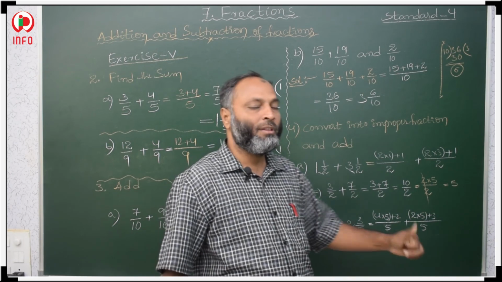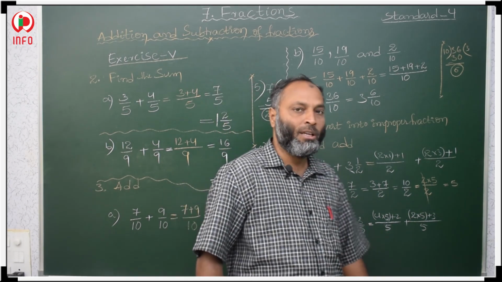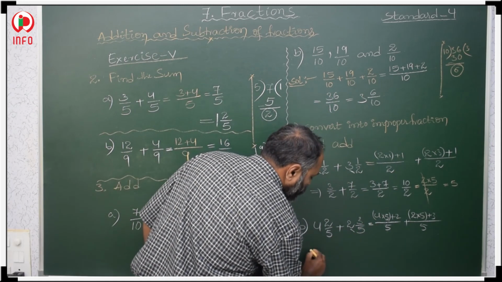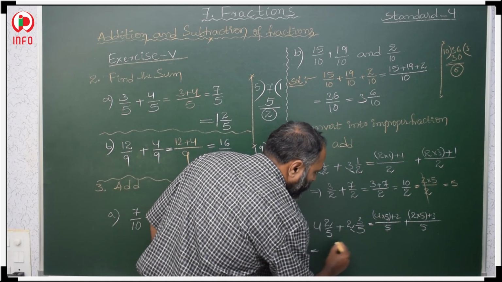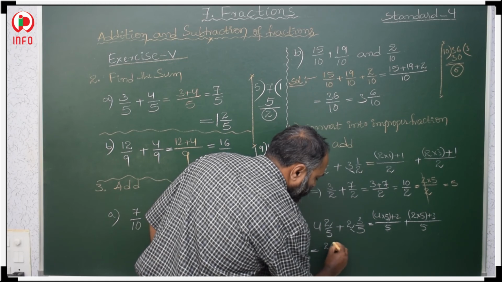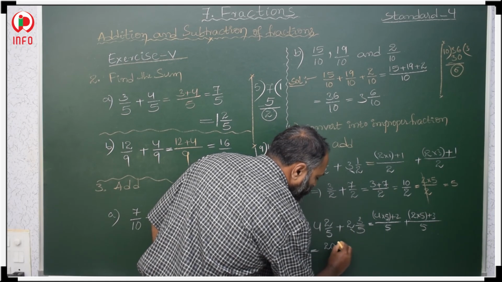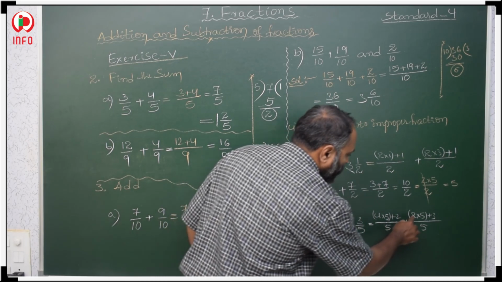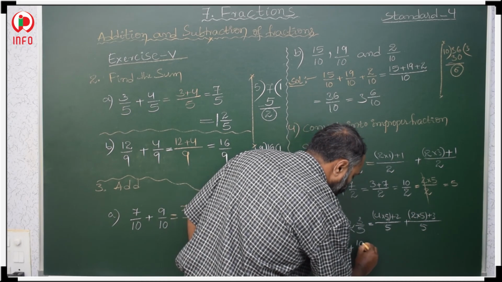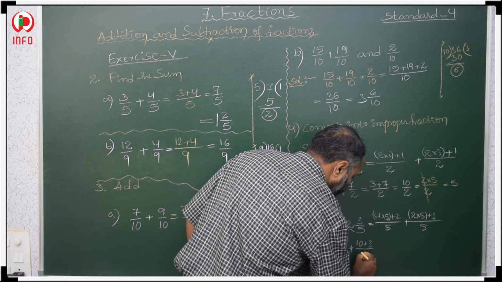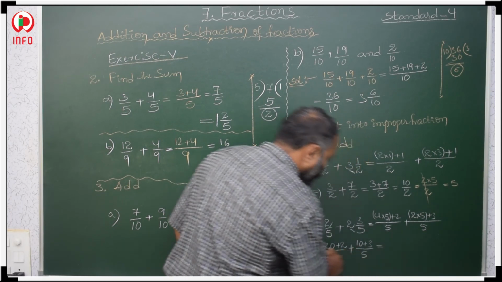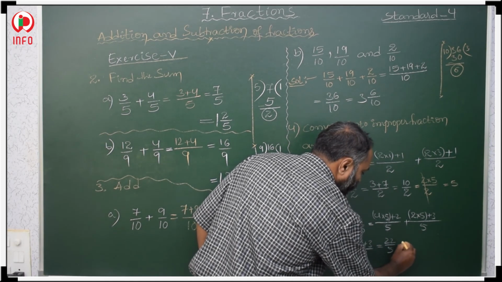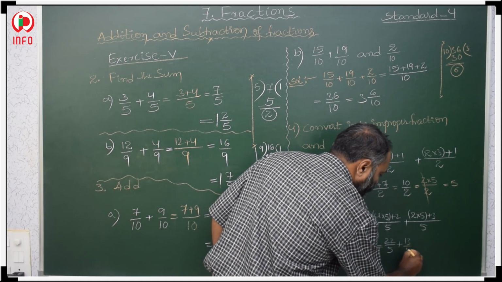You get the same answer. Now 4 5s are 20, 20 plus 2 by 5, plus 2 5s are 10, 10 plus 3 by 5. 20 plus 2 is 22 by 5, 10 plus 3 is 13 by 5.